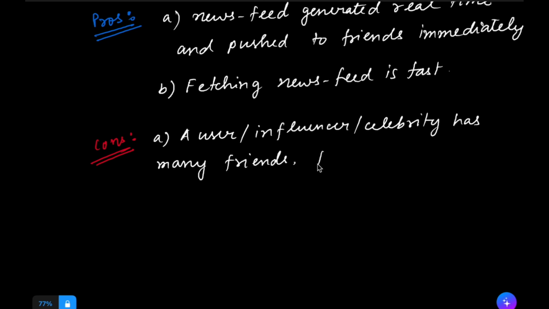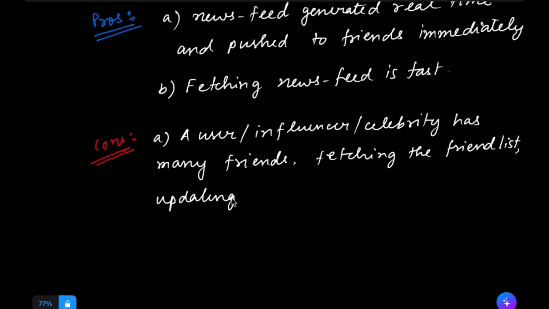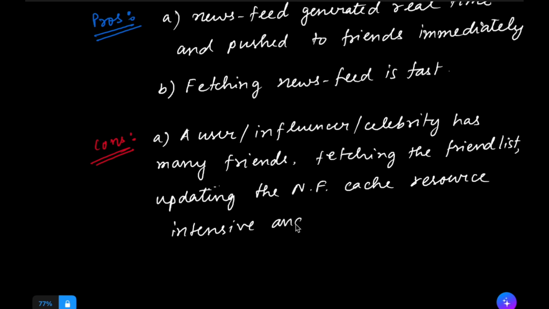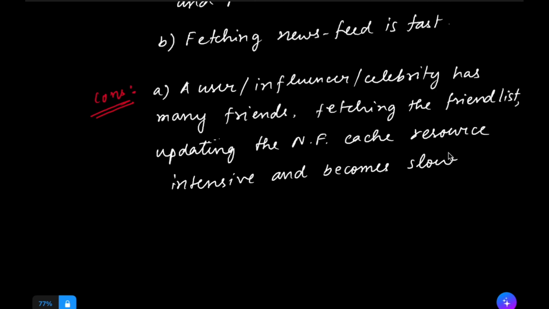So what happens is fetching the friend list and updating the newsfeed cache is very resource intensive and also becomes a slow process, since a large number of requests has to be handled in order to feed the cache. So it becomes slow, time consuming basically.